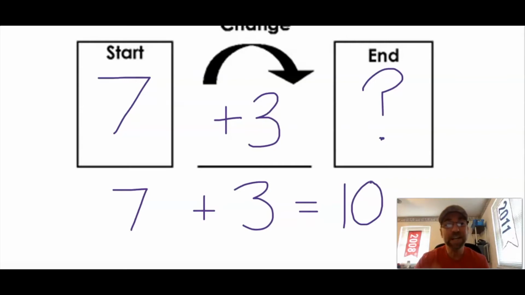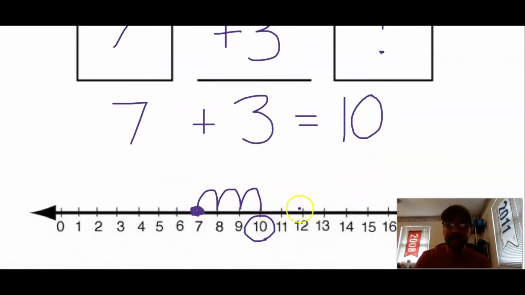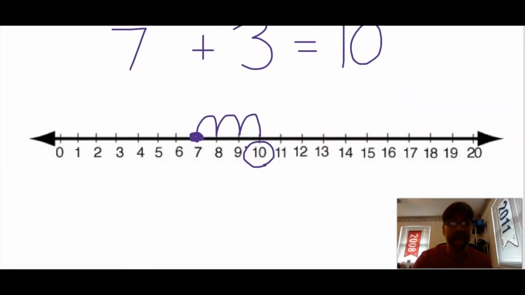So we took another number story. We filled in our start, change, and end. We used our number line to find the answer, and then we wrote the number model. Awesome job. Go ahead and clear off that sheet protector. We're going to try another one.